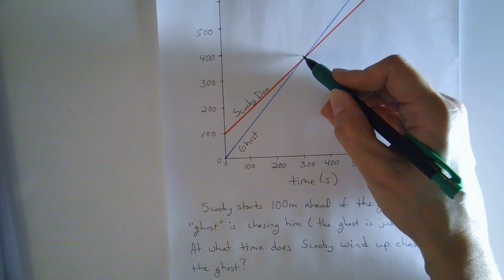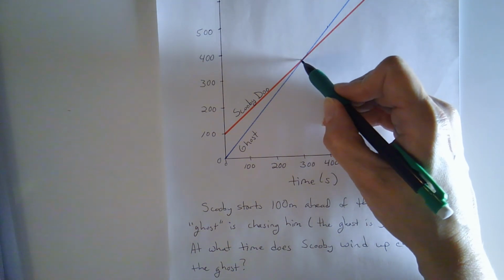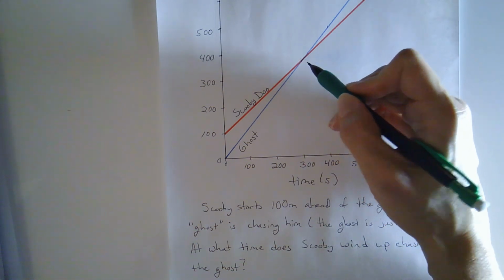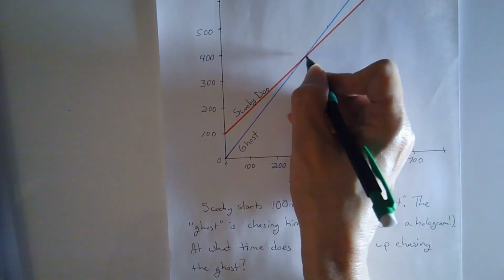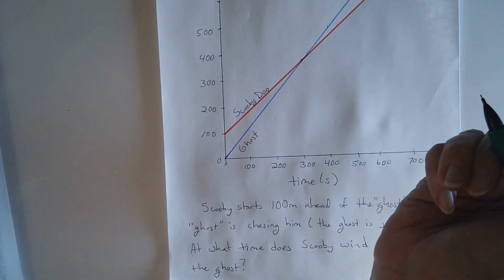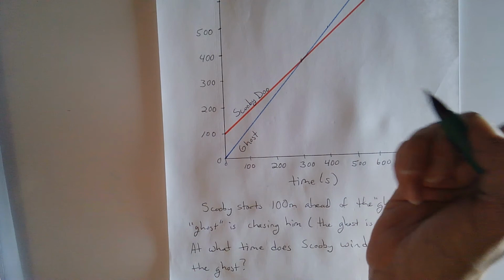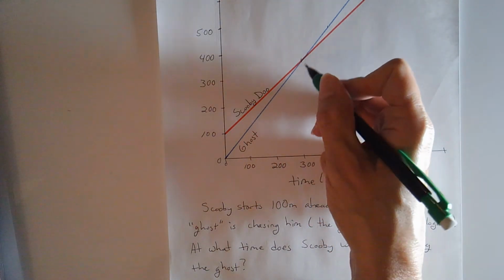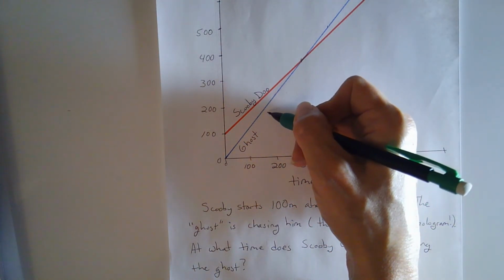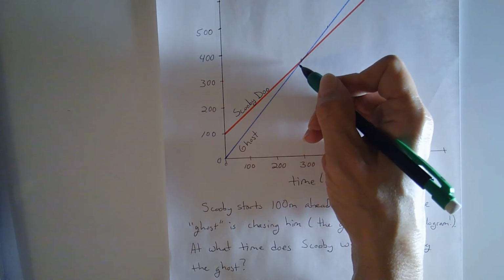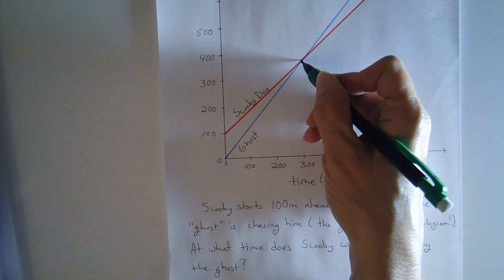So right here on this graph, let's see, maybe around 350, 375, because it's drawn by a shaky old person. So if we look at that right around there, right around 350, 375, they cross. Now the ghost was behind Scooby-Doo, right? They wind up side by side.